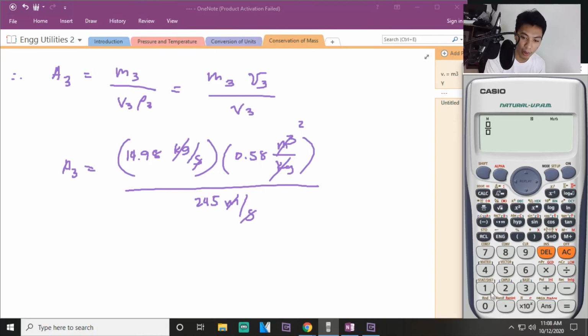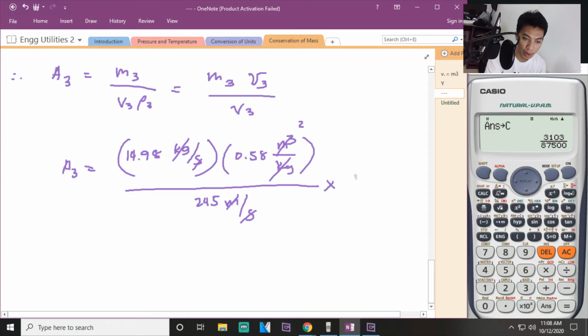So, 14.98 times 0.58 divided by 245. Yun. So, the answer will be, maliit masyado, okay? So, store natin siya kay C. Kailangan natin ng conversion of unit. cm squared dapat ang lalabas. So, 100 cm over 1 m, square mo.